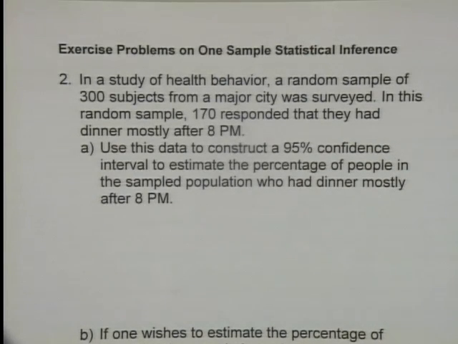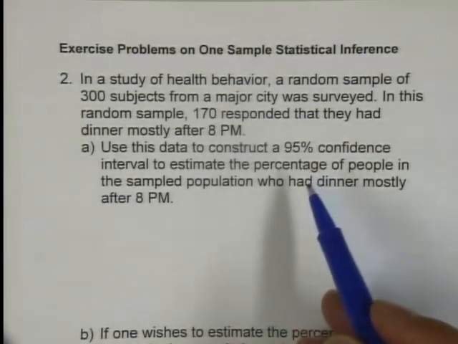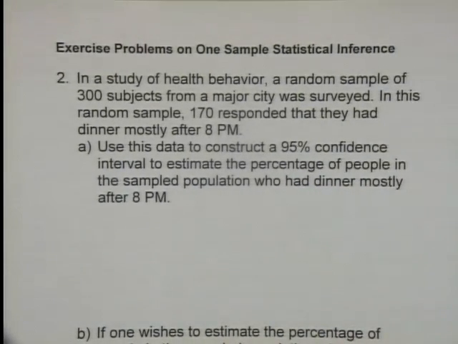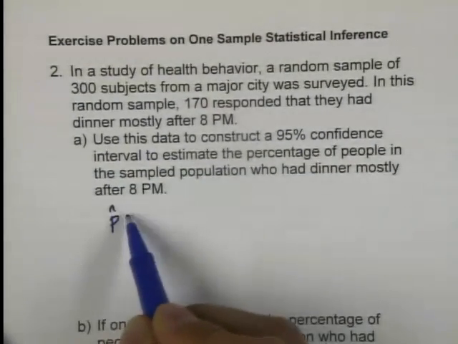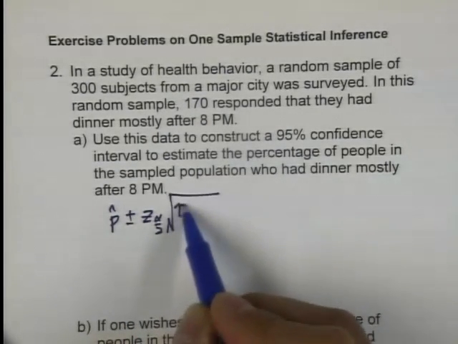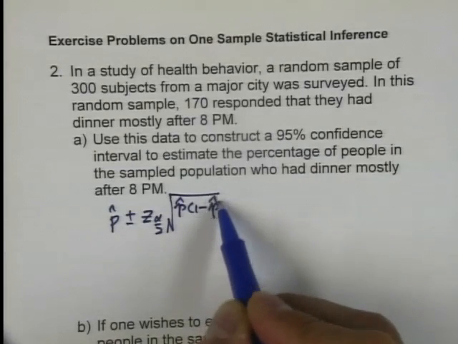So I want to construct a 95% confidence interval estimate for that, okay? And how do you do that? Well, this is a confidence interval estimate for proportion, right? So you should use a formula that is for confidence interval estimate for proportion. That is actually a formula where you use the z-score.